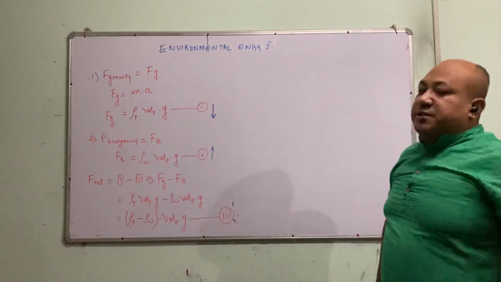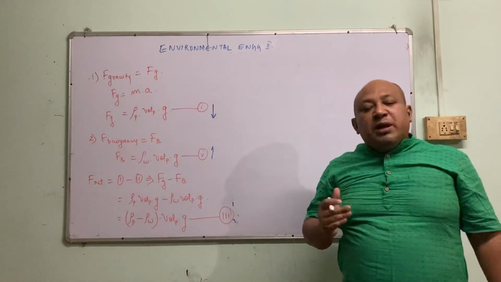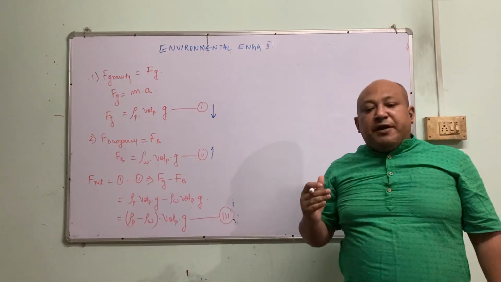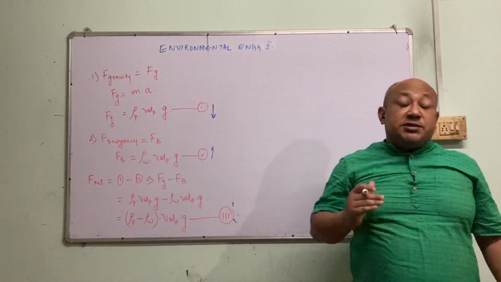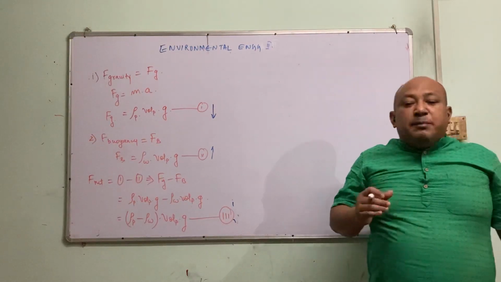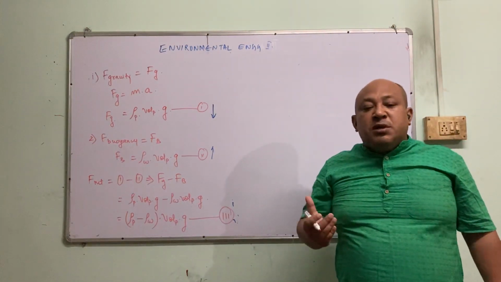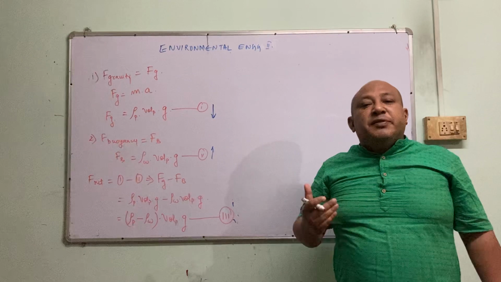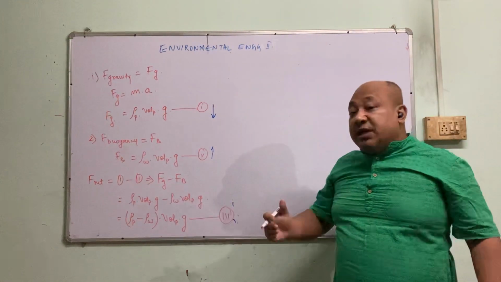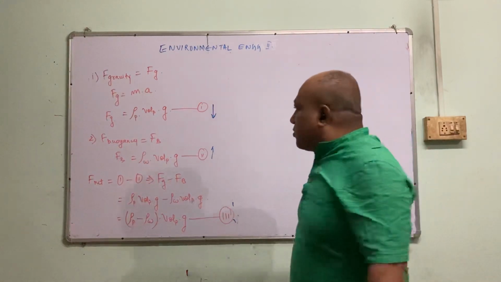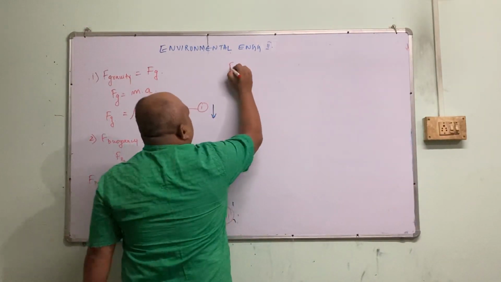Now, the next part is, remember, whenever a particle settles down with an F net force, or the difference between the gravity and the buoyant force inside water, a new force is introduced that was never there before. But due to this motion, it develops. That force is called drag force.